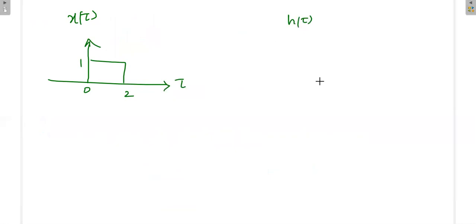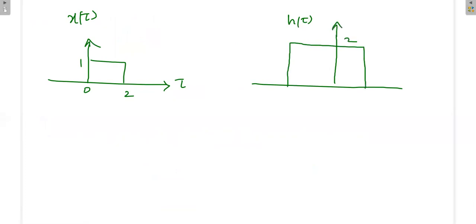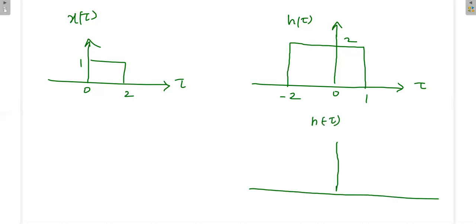The signal has a duration of 3, going from minus 2 to plus 1, but with the higher amplitude of 2. What is h of minus tau? Just the mirror image with respect to the y-axis, so it'll look like this, from minus 1 to plus 2.